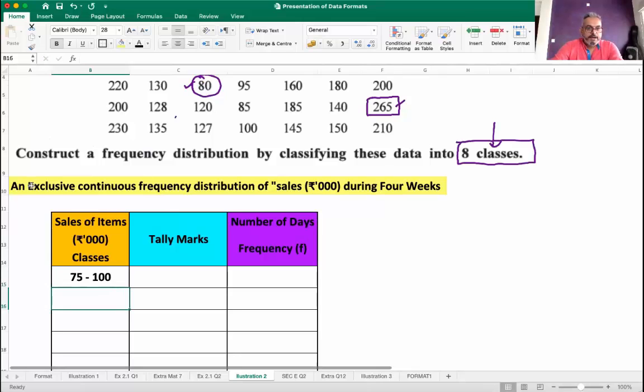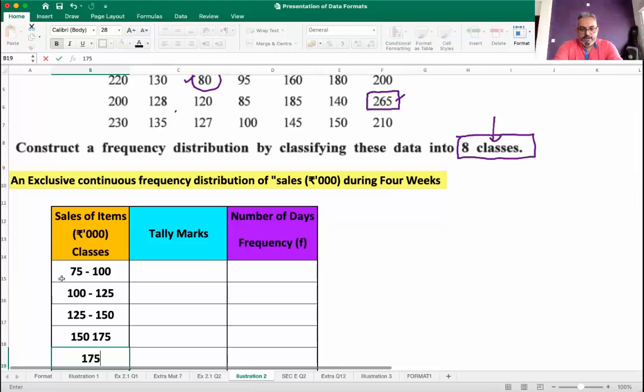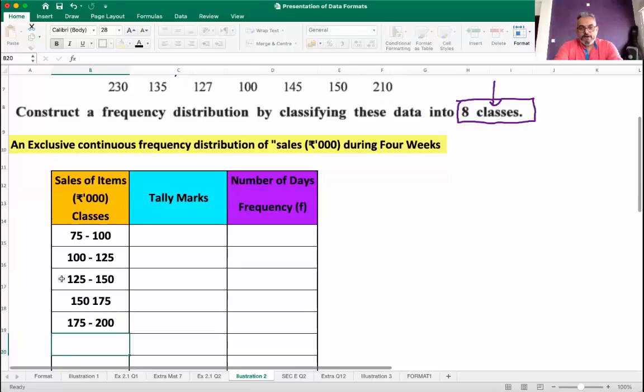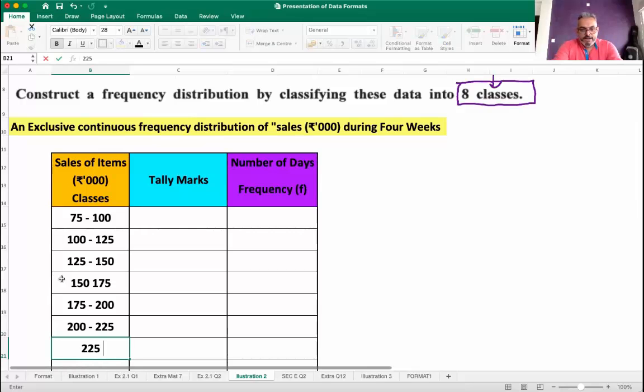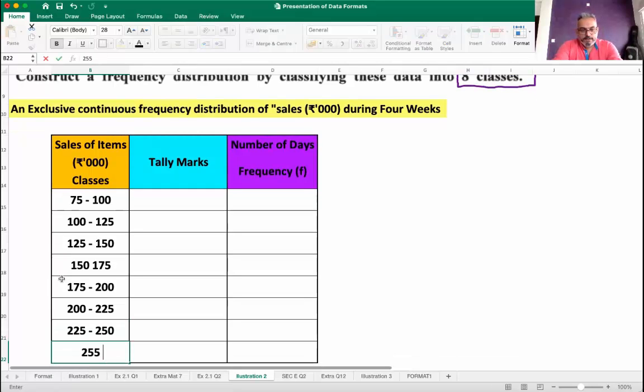Because we are making it exclusive, so 100 to 125, then 125 to 150, 150 to 175, 175 to 200. We have to go up to 265 should be covered, 200 to 225, 225 to 250 and 250 to 275.